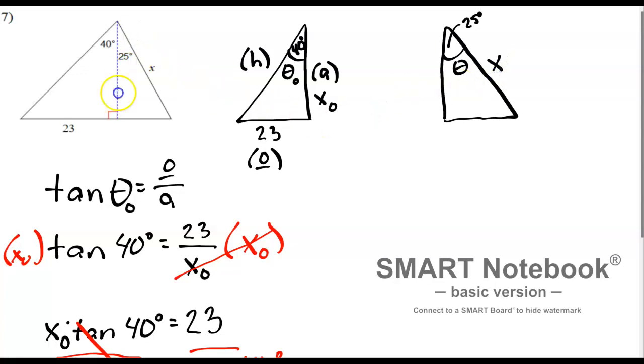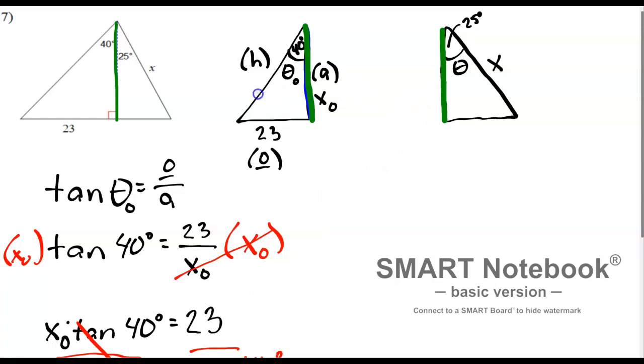And notice that this altitude is this one right here. Maybe I should go green. That's the altitude, and that's the altitude. That's the altitude in all these triangles.